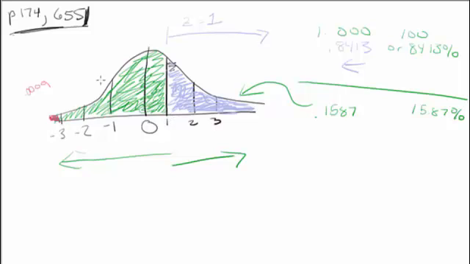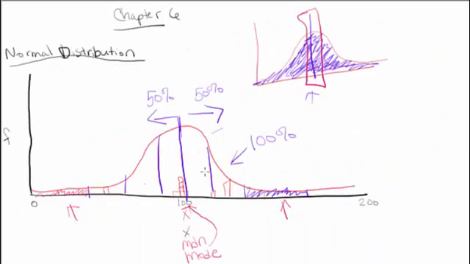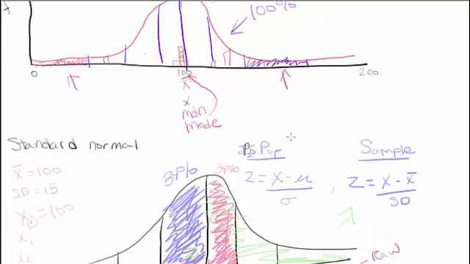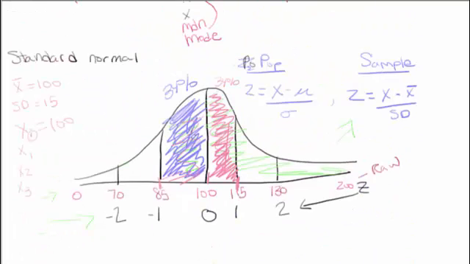So we have talked about the normal distribution. We know behavior starts to approximate this as you get larger and larger sample sizes. We have the standard normal distribution, which is the same thing, but we just convert it to a standardized form so that we can compare. We know the exact proportions under this curve.